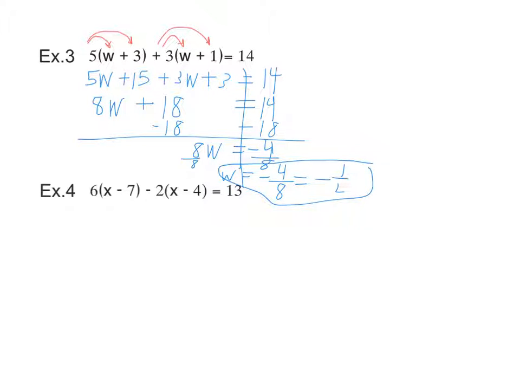This last example also has two sets of parentheses. I'll distribute the 6 and then distribute the negative 2. Negative 2 times negative 4 is positive 8.